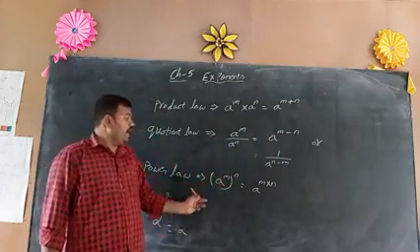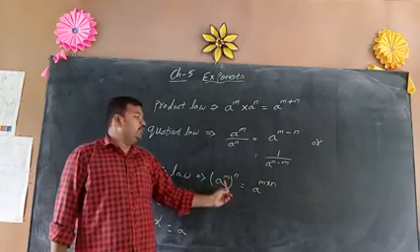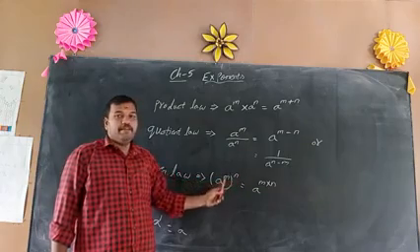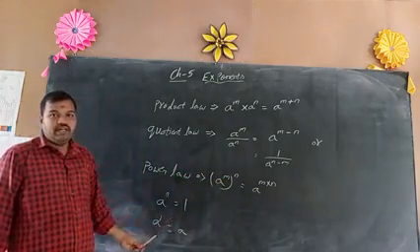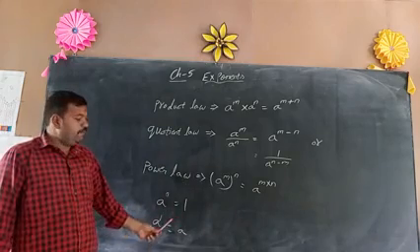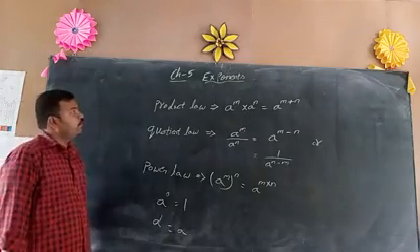Power law means brackets: (a to the power of m) to the power of n, powers we have to multiply. Anything power 0 is 1. Anything power 1 is a.